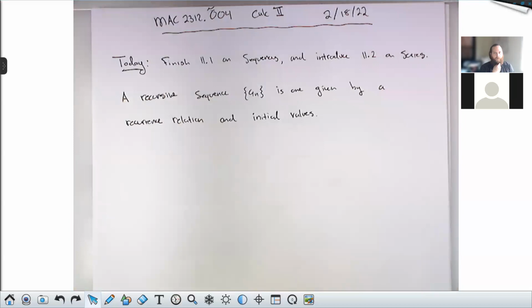These are very similar to what are called initial value problems in Calc 1, where you're told the derivative of a function and you're told the function's value at 0 or at 1. Like I give you a formula for f prime and I tell you f of 0 is 2 or f of 1 is 5. Then you're meant to construct the original function f by integrating the derivative and using the initial value to solve for the constant c.